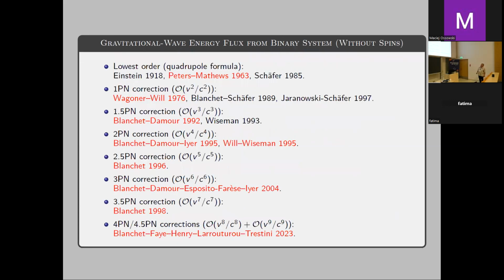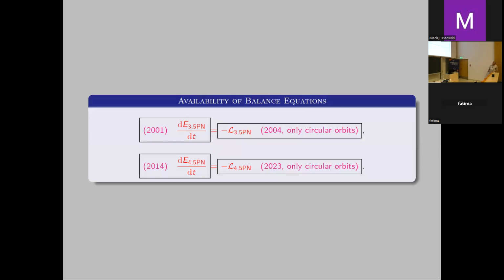Here is the story of the gravitational wave luminosity computations. And maybe I will finish with this simple timeline for the balance equations from which you can compute the phase evolution of the binary system to some fixed post-Newtonian order. Please look at the first line. Starting from 2004, it was possible to compute templates up to 3.5PN order.